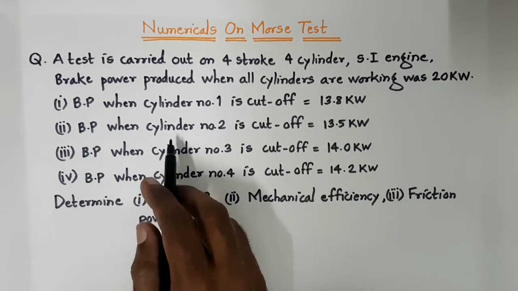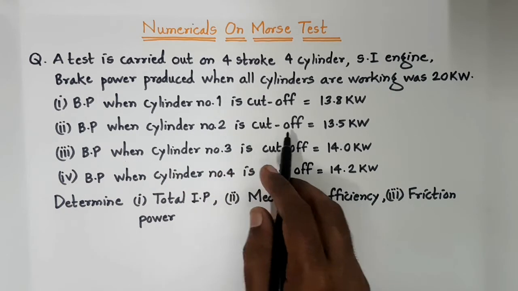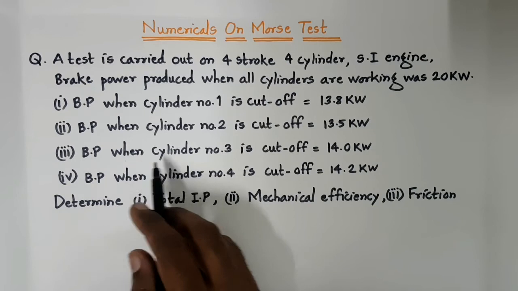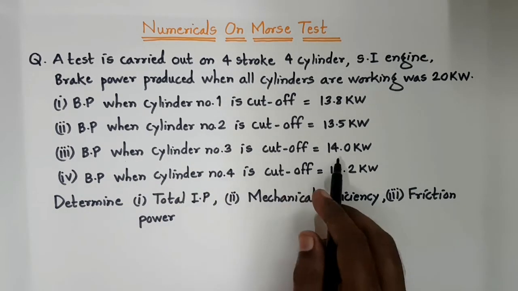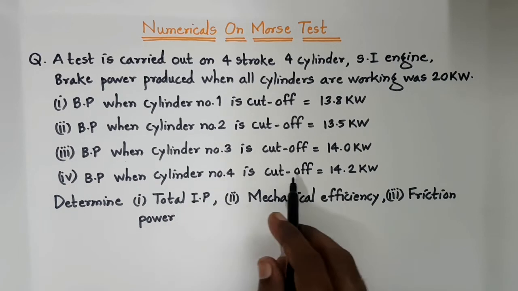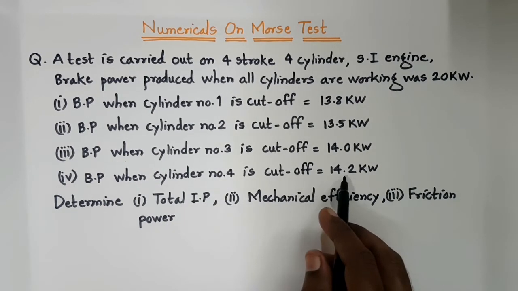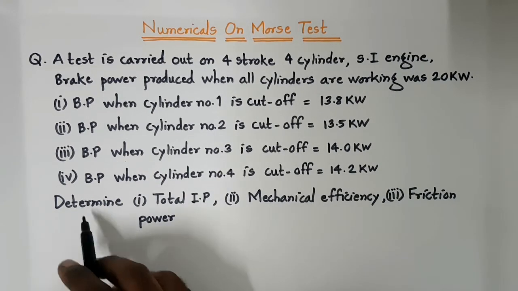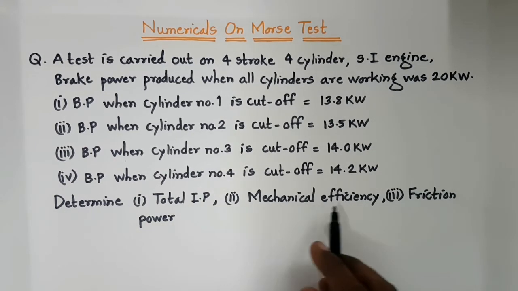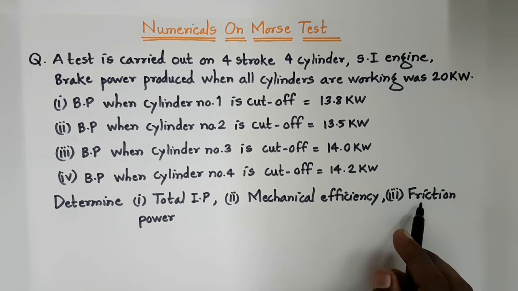Brake power when cylinder number 2 is cut off is 13.5 kilowatt. Brake power when cylinder number 3 is cut off is 14 kilowatt. Brake power when cylinder number 4 is cut off is 14.2 kilowatt. So we have to determine total indicated power, mechanical efficiency and friction power.